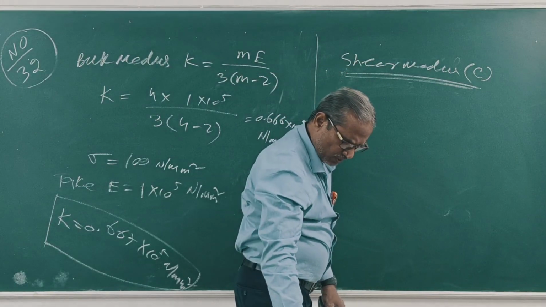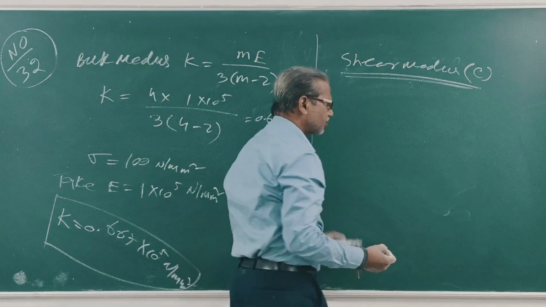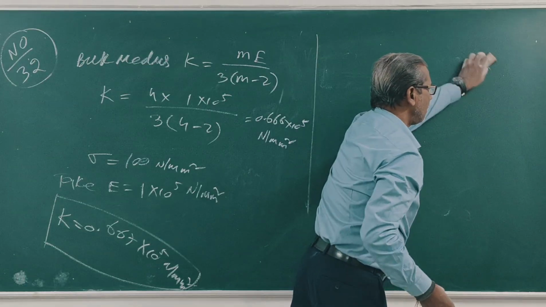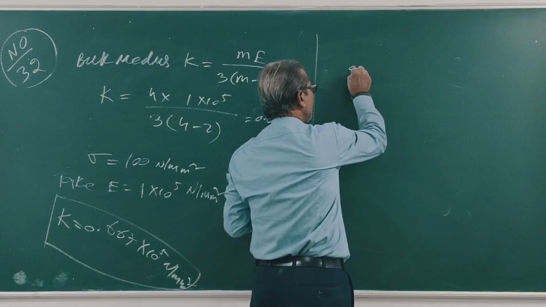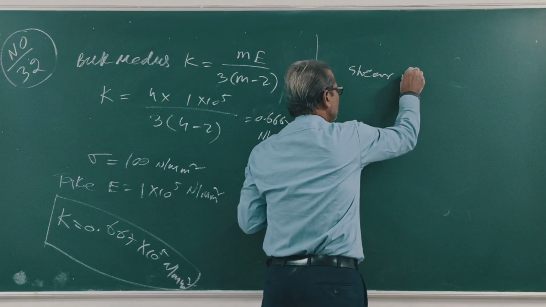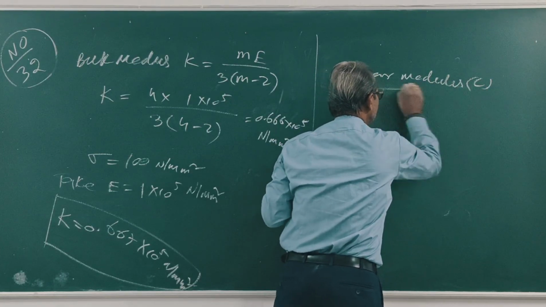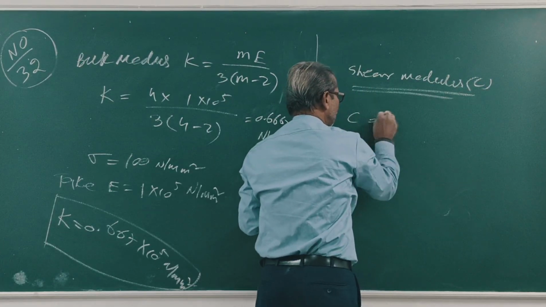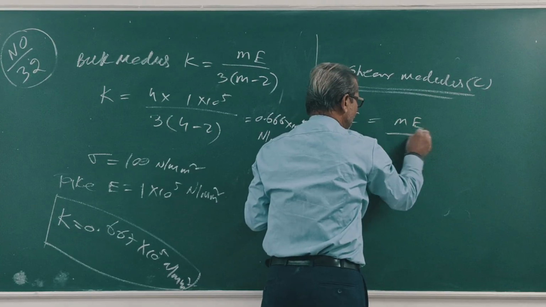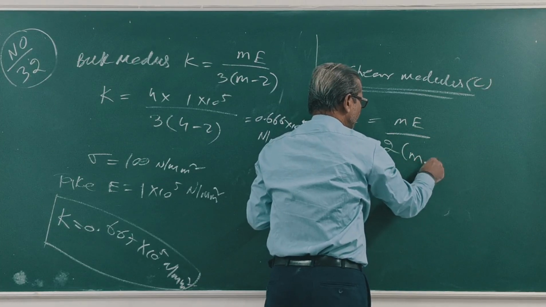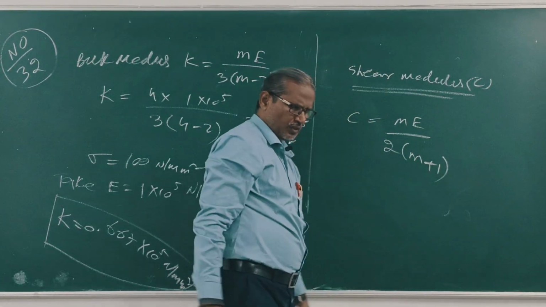So shear modulus C is equal to ME by 2 into M plus 1, right?